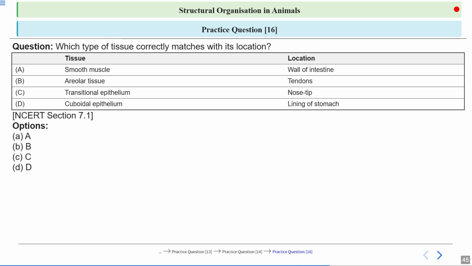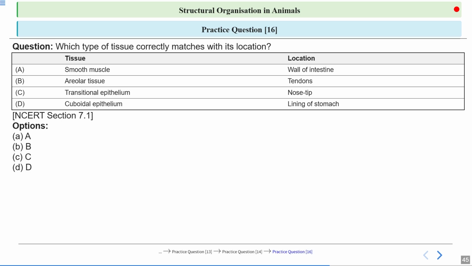Next question. Now this question is match the column type of, right? So which type of correctly match? Okay, not the match the column. You have to find out which of the option is correctly matched, right? So one column tissue is there and in another column location. A, smooth muscle, wall of intestine.